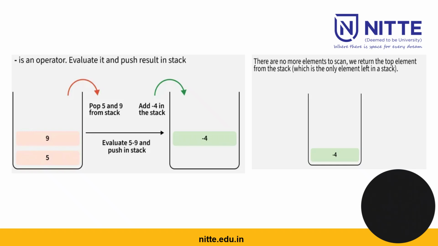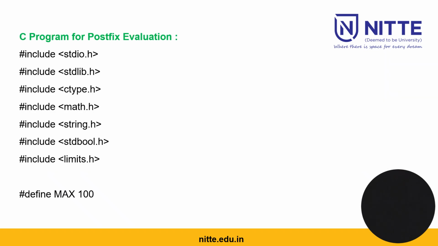So it becomes 5 minus 9. The result is minus 4. That minus 4 I again push into the stack. So this is how the evaluation of postfix expression takes place using a stack. Now we will see the C program to evaluate this postfix expression.